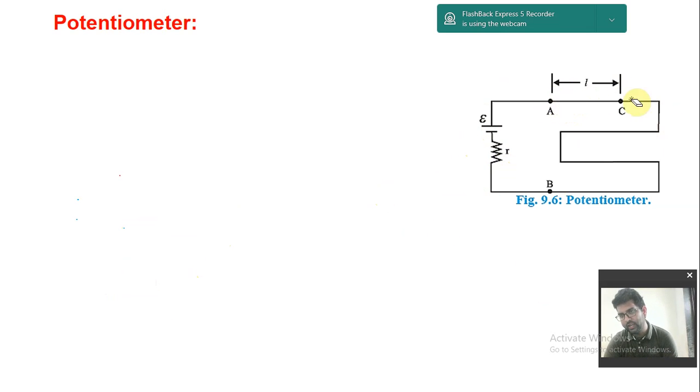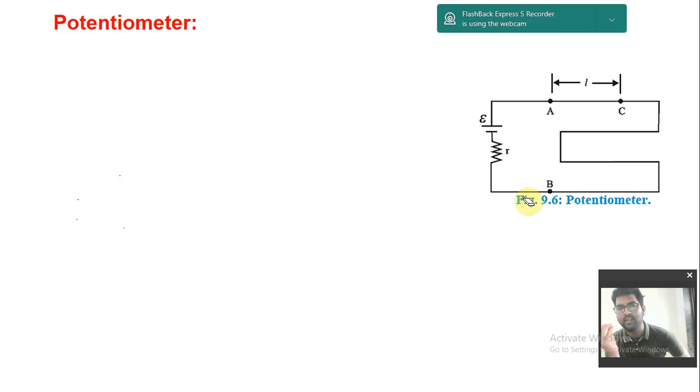From A to B is a very long wire, the same resisting wire, which has a potential drop, and a point C is taken on the wire with a length small l. This thing you have to make it clear. This is not a potentiometer where a meter will be connected. No, this is just a simple circuit, and it is called potentiometer because it is measuring something, that is why it is called a meter.